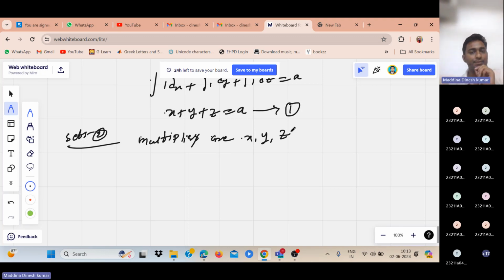In this type of problem, choosing multipliers is the complicated part. How we choose the multipliers means there is no specific rule. We need to guess that.